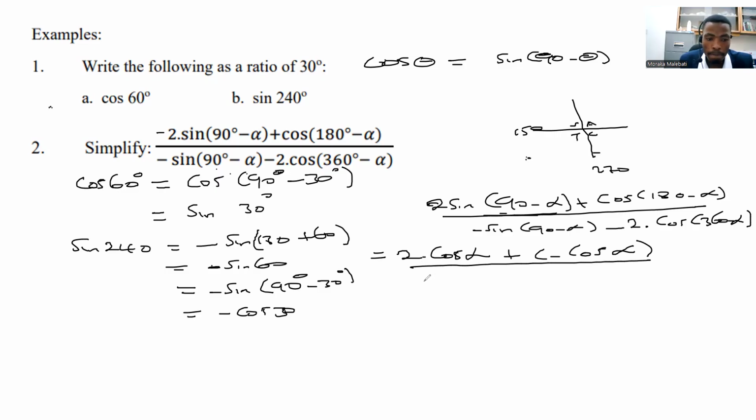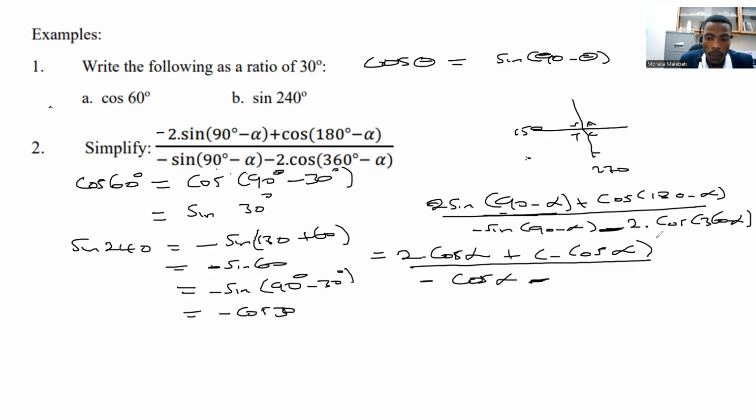Then divide by the bottom part. It's simple. This minus, then it's a co-ratio, it's cosine of alpha, and then minus whatever follows. Then we have 2 cosine of (360 minus alpha).